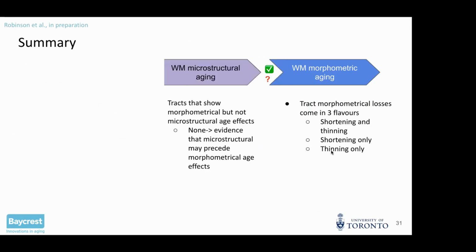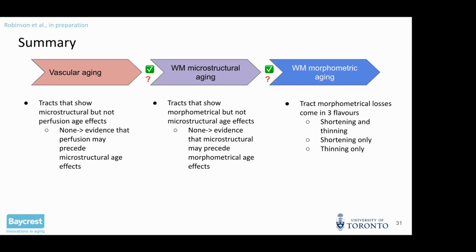So what does that mean in terms of its linkage to microstructure? When we put the microstructural aging patterns against the morphometric aging patterns, we show that tracts that show morphometric but not microstructural age effects do not exist. So this is potential evidence that microstructural degeneration may precede morphometric age effects.